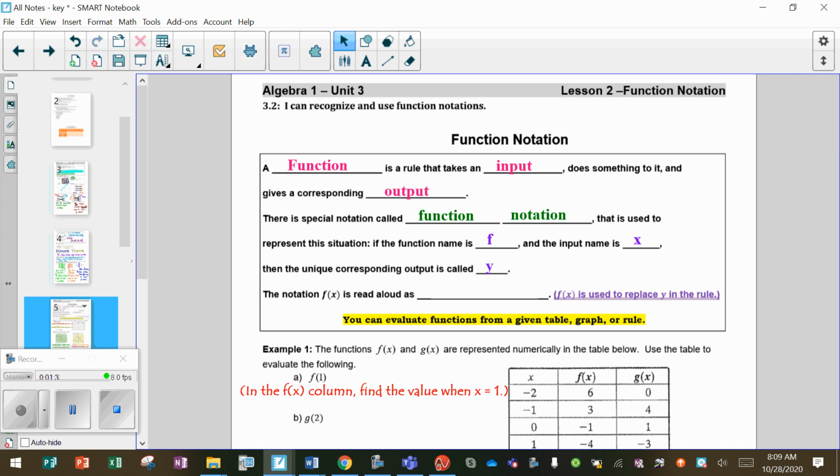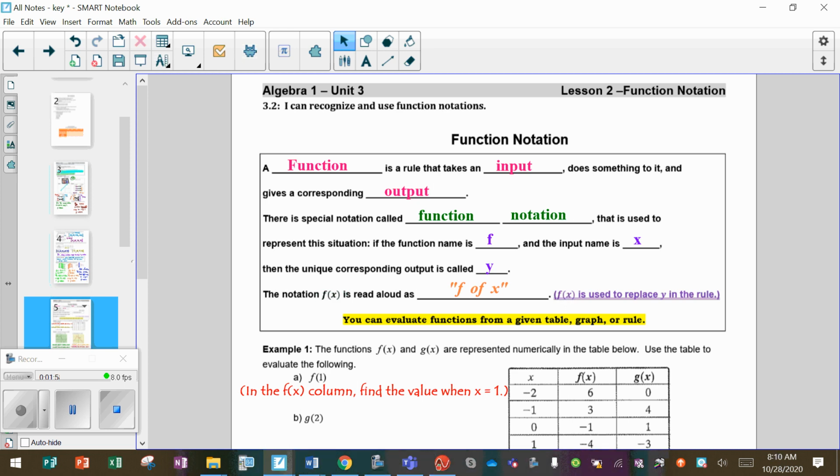So we still have x's and y's, but instead of a y equals type equation, it's going to be f of x equals. The notation f parentheses x is read out loud as f of x.